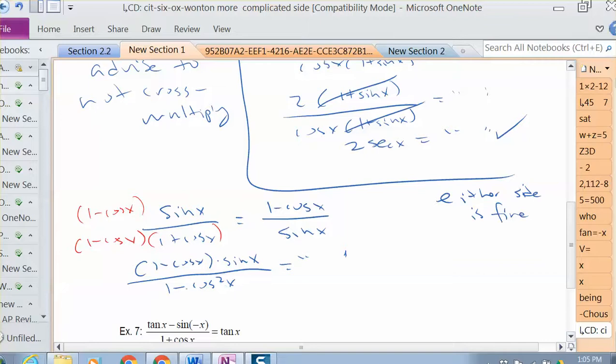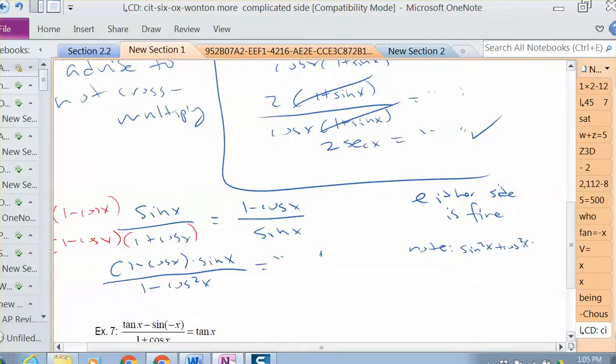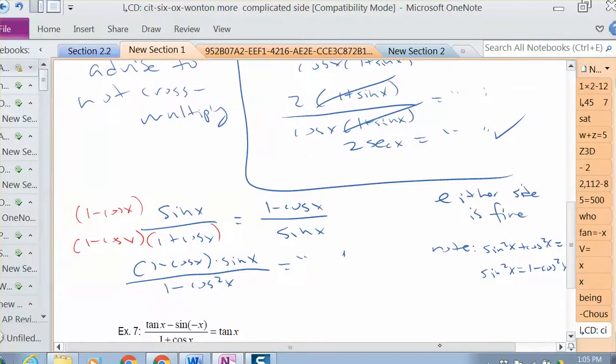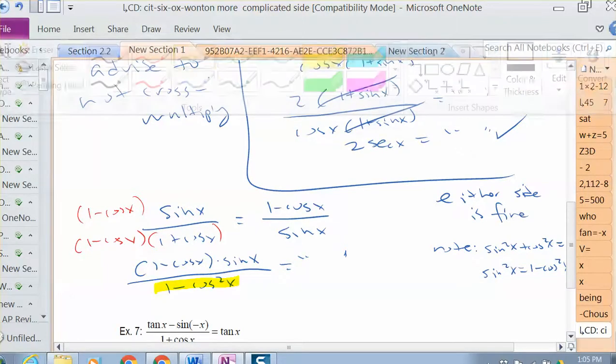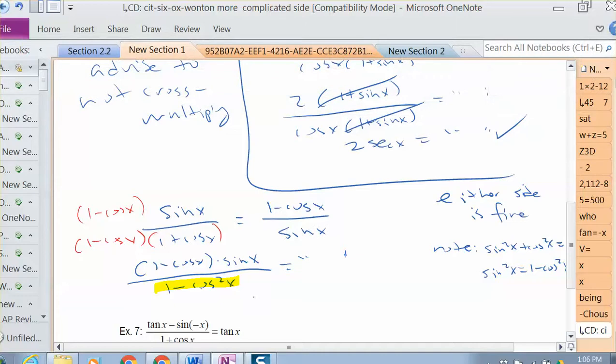hopefully you recognize sine squared x plus cosine squared x equals 1. So sine squared x, of course, is 1 minus cosine squared x. So I could just replace all this right here with just sine squared x.